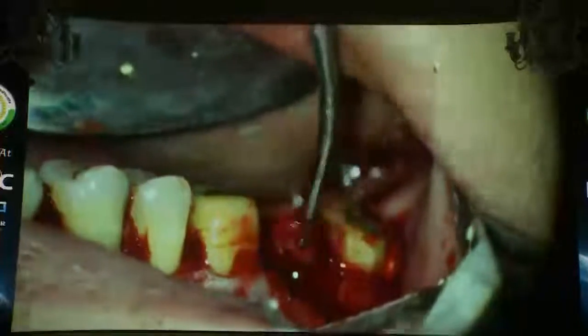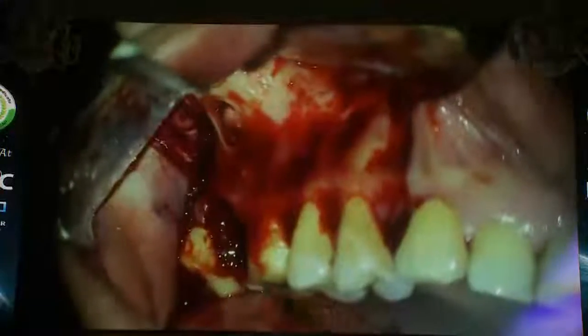Now I enter through the sinus to suction. Try to suction. See, there is a nasal discharge, the sinus discharge inside, infected discharge. I remove the tooth. Now it's the role to remove this radiopaque mass.